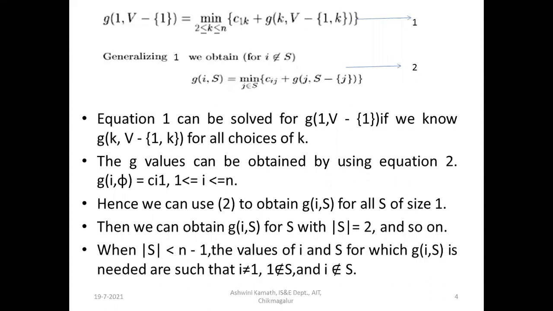It will continue. When the number of vertices in S is less than n minus 1, the values of I and S for which G of I comma S is needed are such that I should not be equal to 1, 1 should not belong to S, and I should not be in set S. We have to find the values like this when the number of vertices in S is less than n minus 1.